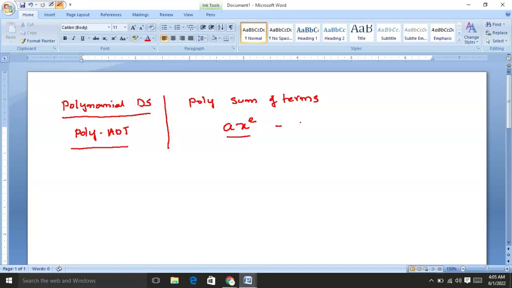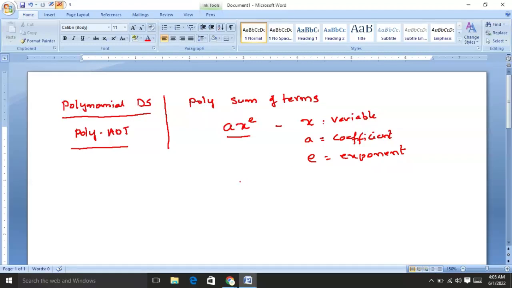Here we can understand x is a variable, that means the value of x may change, a is known as a coefficient, and e is known as the exponent.